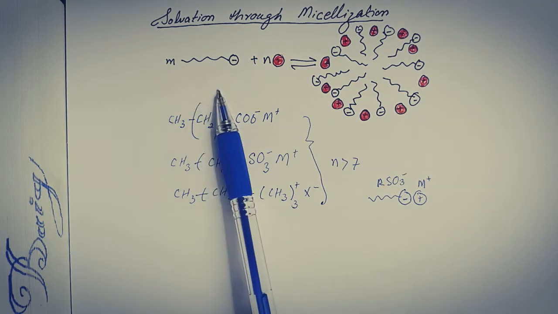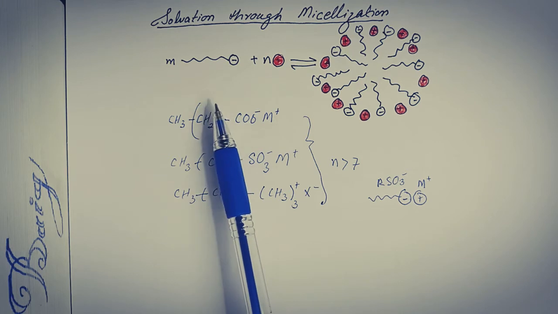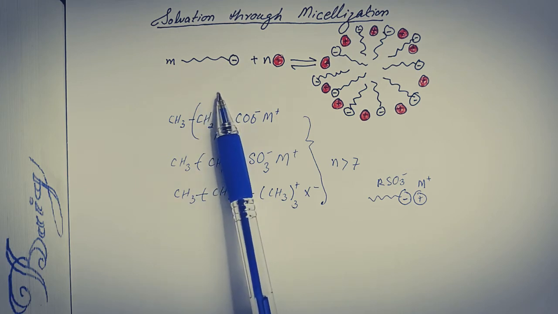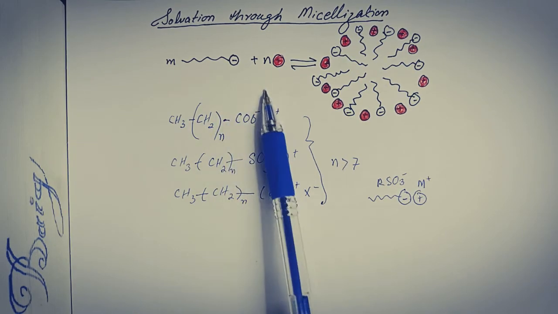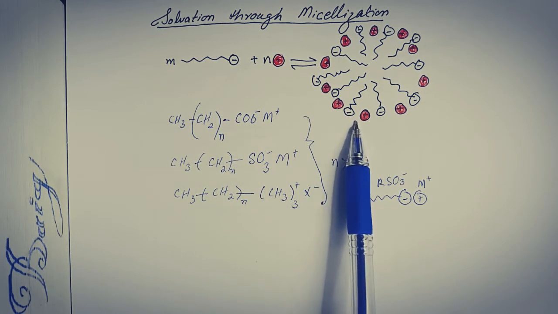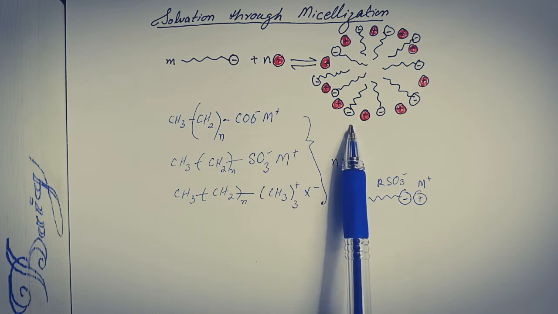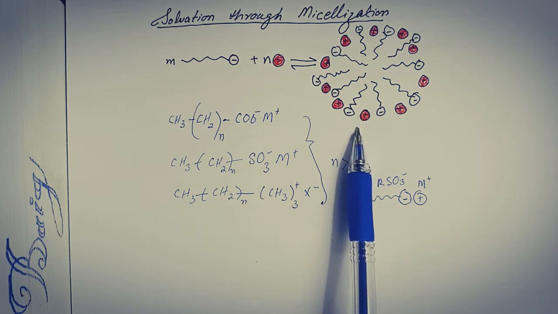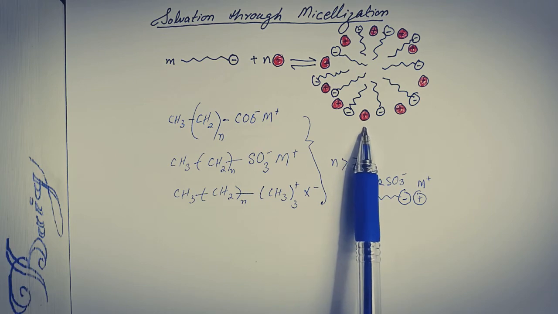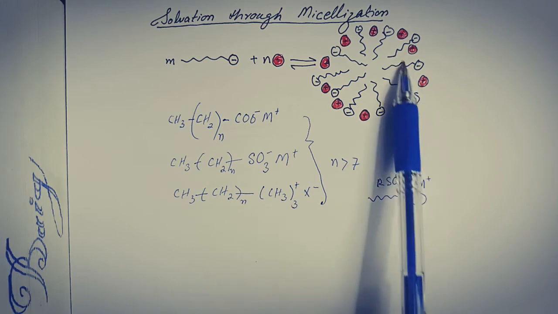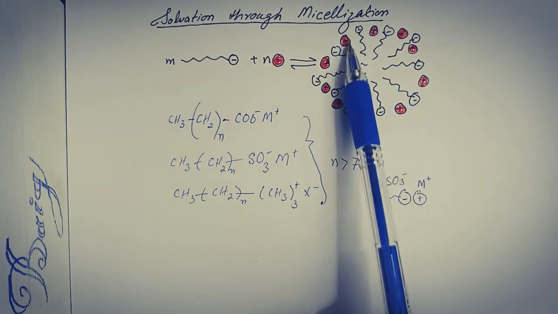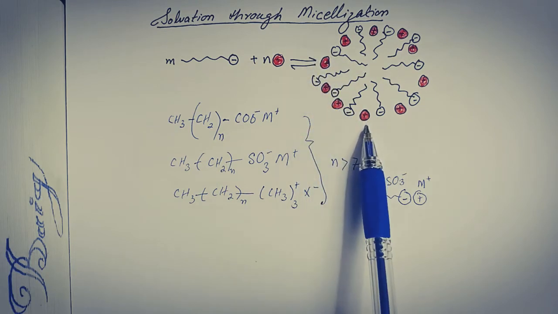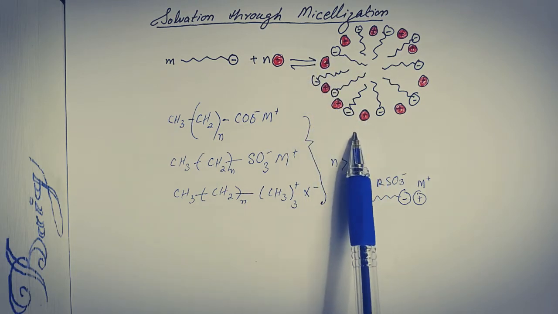When the concentration of this salt of organic ion is increased within the solution, structured aggregates are formed that are termed micelles, which are stabilized by the counter ions that are localized within the periphery of these micelles by Coulombic force.